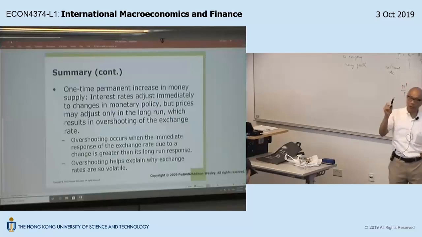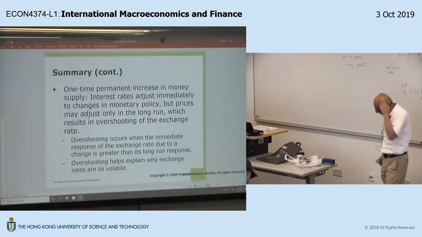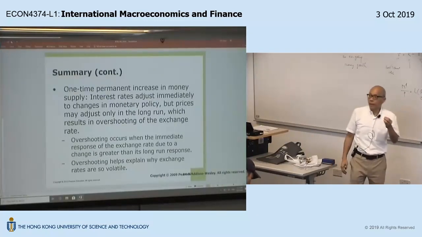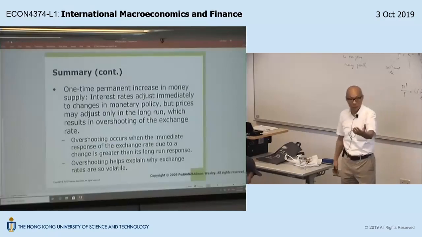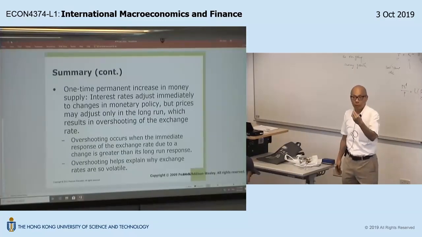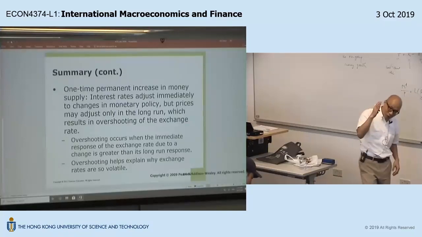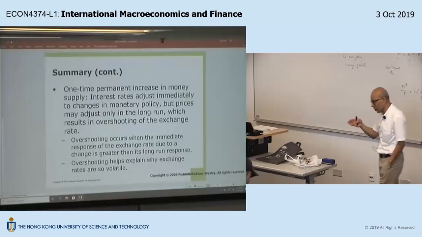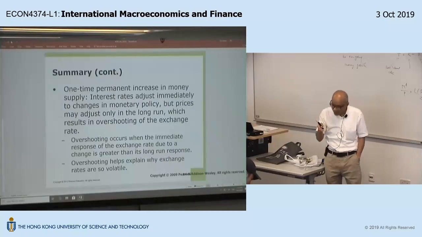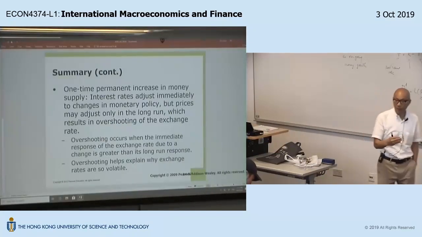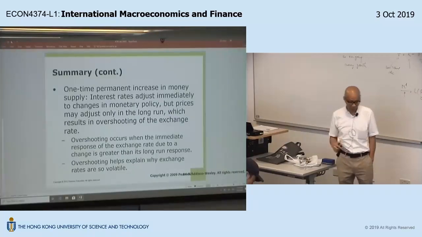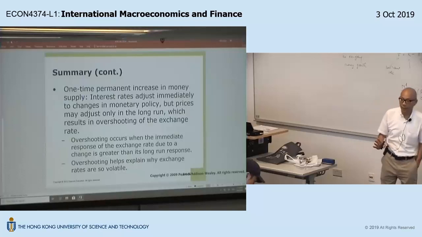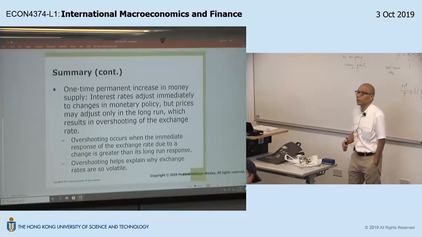Real variables refer to real output, real quantities, and relative prices. So basically, it's the quantities of goods and services and the relative prices of these goods and services. These are the real variables, and they will have to go back to the original level if the shock is purely a monetary shock.